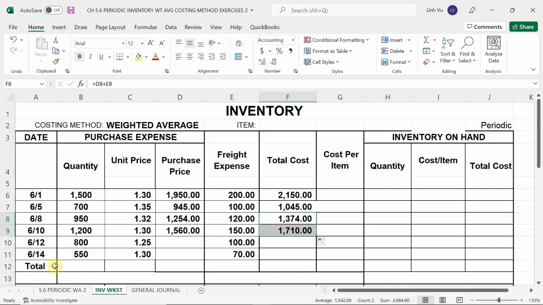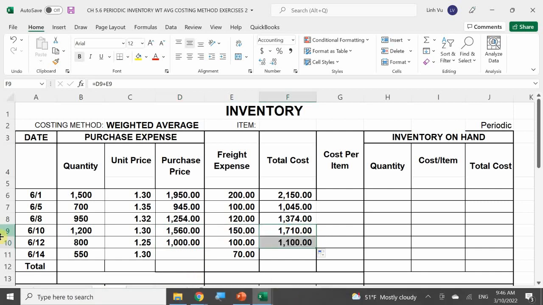Next, on June 12th, we end up purchasing 800 units at $1.25 each with a freight of 100. So purchase price here, is it 1,000? Yes. 1,000 plus 100, 1,100, right?